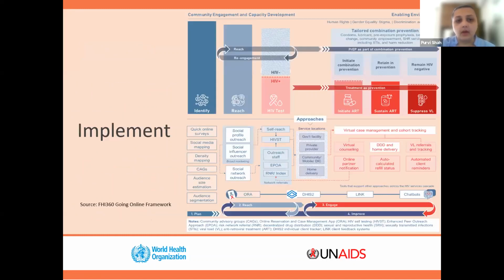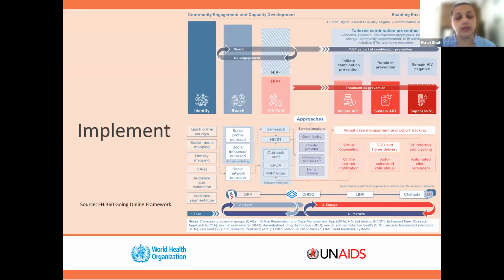This is an example of an online framework. This is something that I would look at while planning to implement a virtual intervention. This is just an example. You can adapt it or change it based on the country requirements and context. The upper part of the diagram is the usual HIV cascade. I'm trying to tell you that virtual interventions are not just restricted to prevention or testing. They run across the cascade.